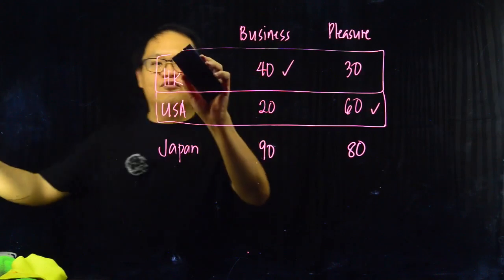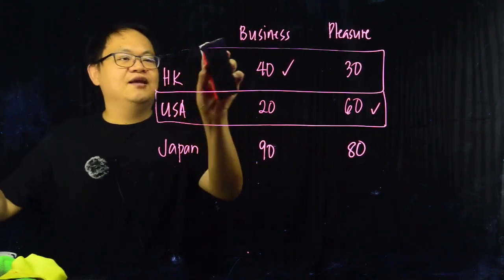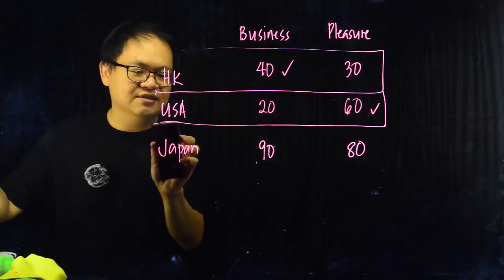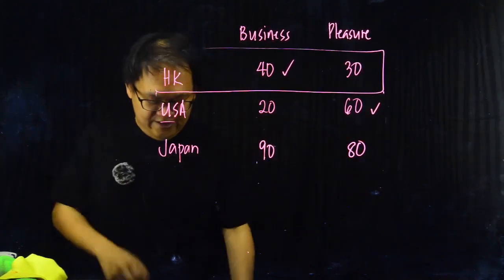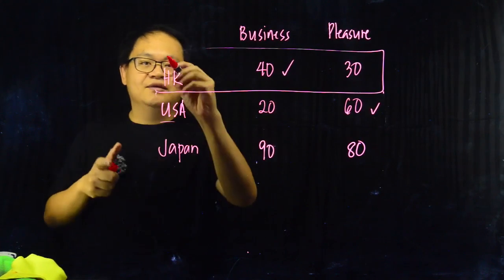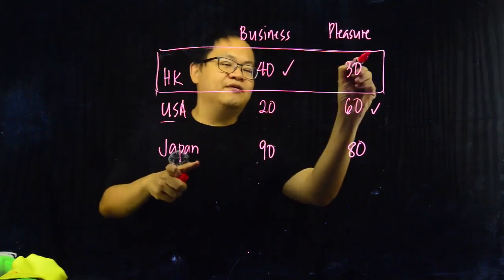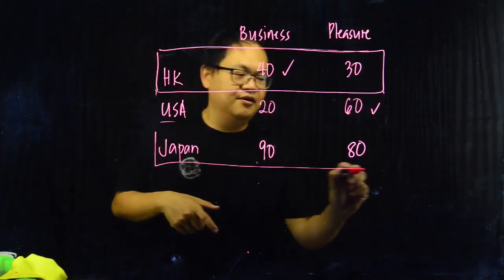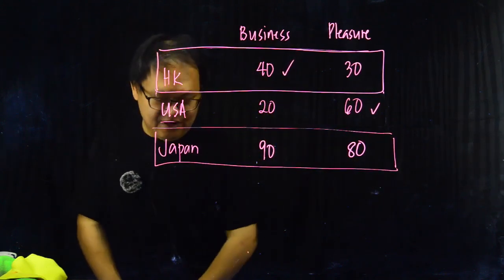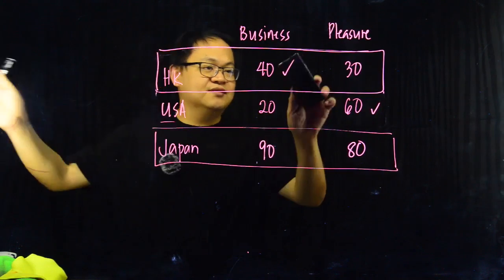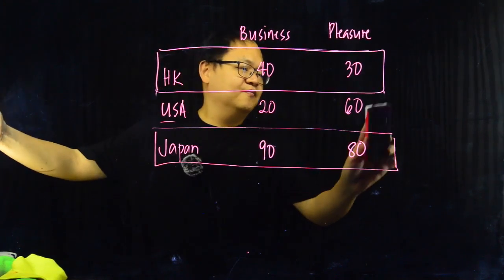Now, let us focus our attention on Hong Kong and Japan. Okay? So we'll focus on Hong Kong and Japan right now. Now, for Hong Kong and Japan, in terms of business, so let me erase the check mark.